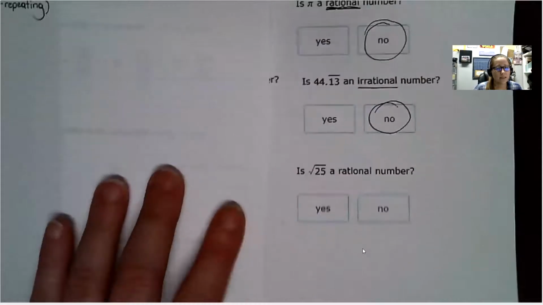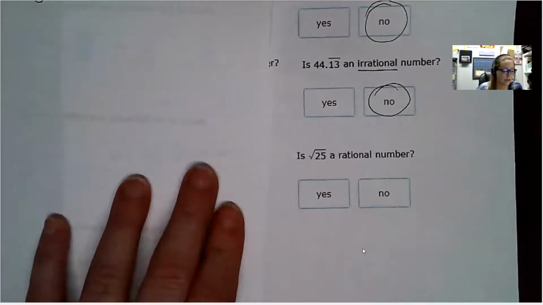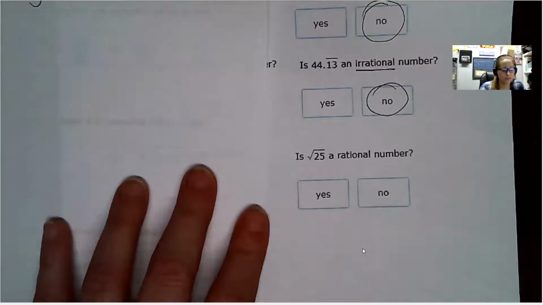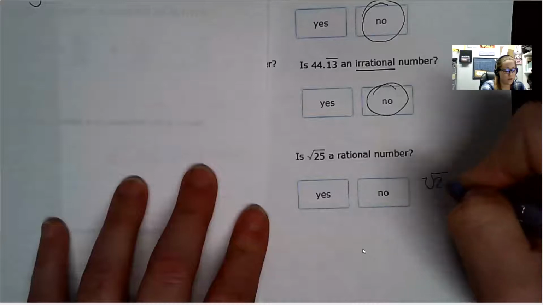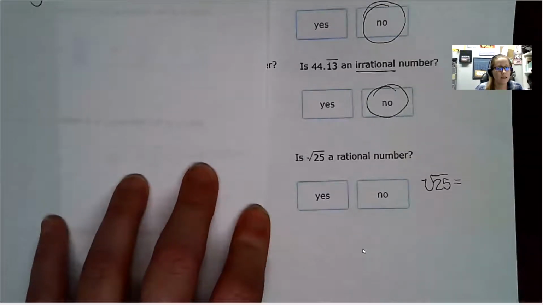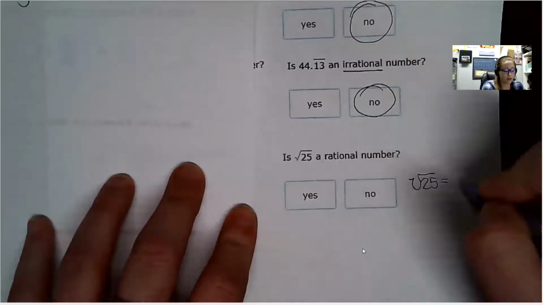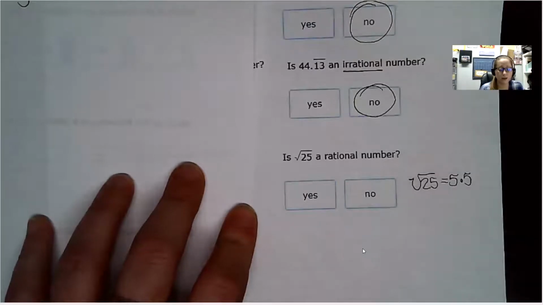And then we get down to this question down here. We're finding the square root of 25. Okay. Now, if we solved this, if we looked at finding the square root of 25, what number could we find that's going to multiply by itself to give us an answer of 25? We could say, okay, so 5 times itself would give us 25.